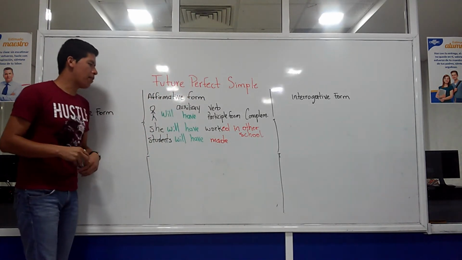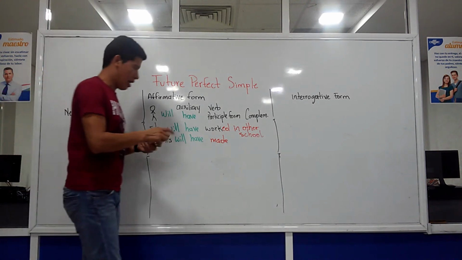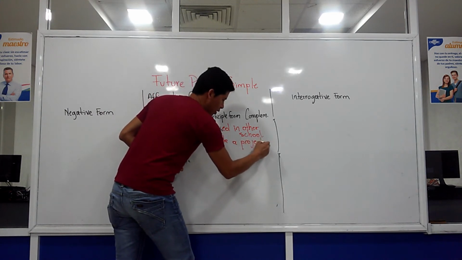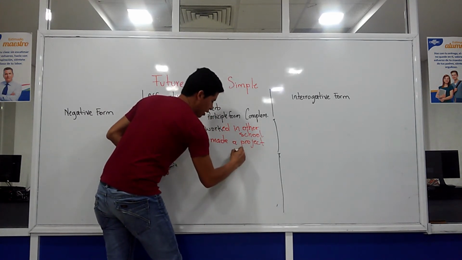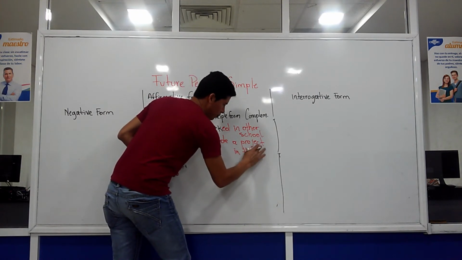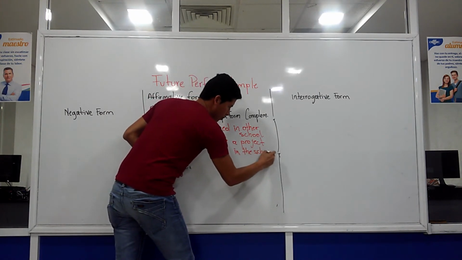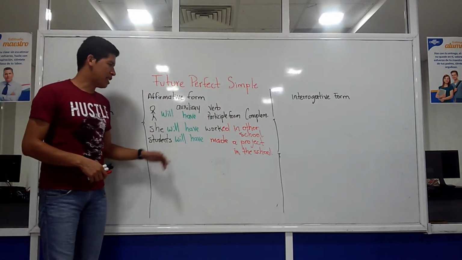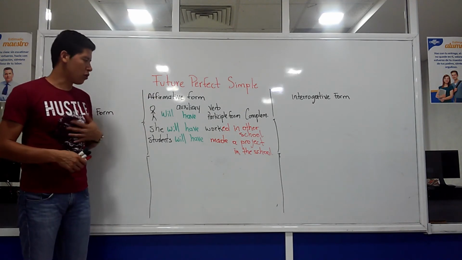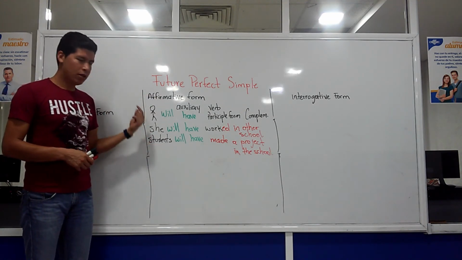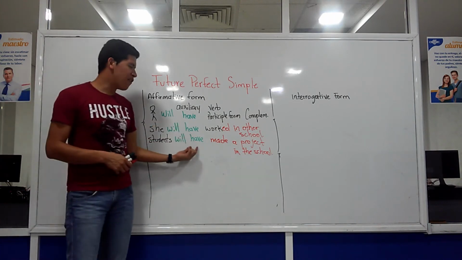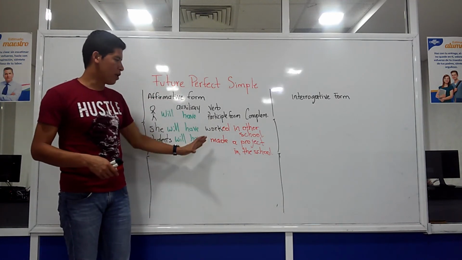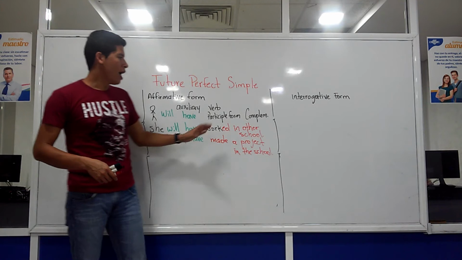The student will have made a project in the school. In this case, these statements are in the future perfect simple because I used pronouns, I use will, I use the auxiliary have, and I use a verb in the participle form, the past form, and a complement.